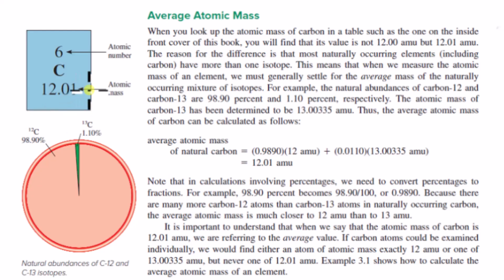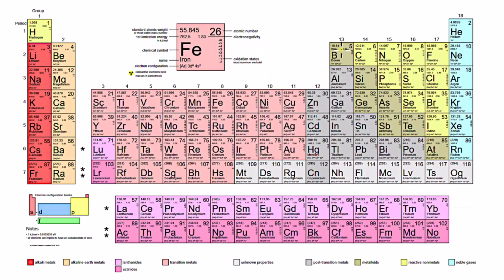It's really close to 12 because 98.9% is carbon-12, right? If it was 50% carbon-12 and 50% carbon-13, it would be close to 12.5, slightly higher than 12.5. Okay, and so that's what these masses are. They're called atomic weights. They're the masses of the naturally occurring elemental form of these substances.